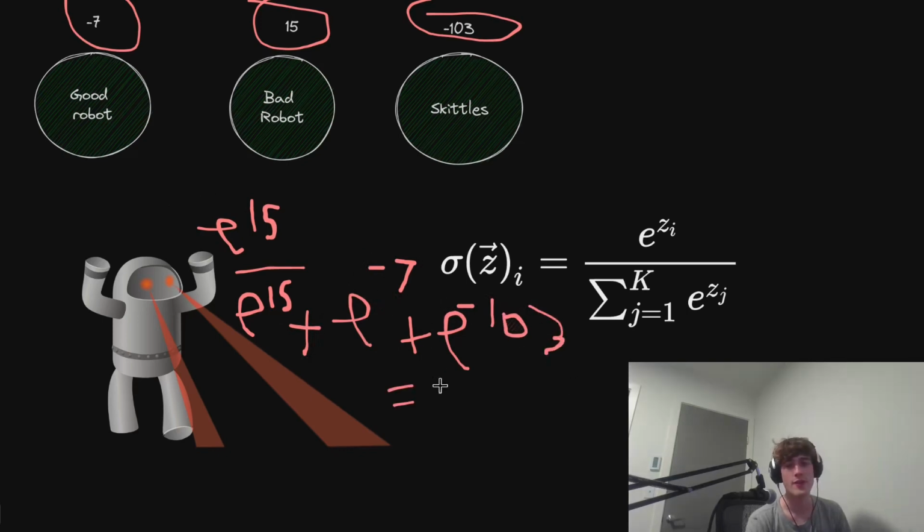Which, after crunching the numbers, comes out to about 0.99 repeating. So our model would be doing pretty good in this instance. We converted our number of 15, which is hard to quantify, to a 99% chance that it's a bad robot, which makes sense given our input.